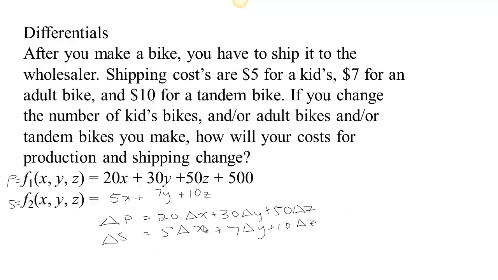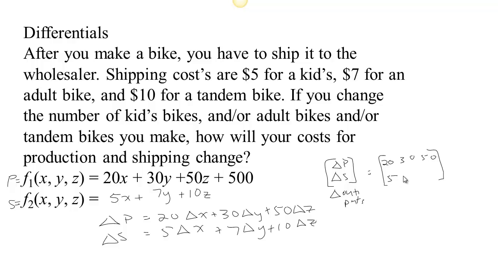So again, we can write it in matrix form here. Here's the change in our 2 outputs. There's our delta outputs equal to a matrix of partial derivatives. The partial derivatives we have are the derivative of the first with respect to x, the derivative of the first with respect to y, and the derivative of the first with respect to z.